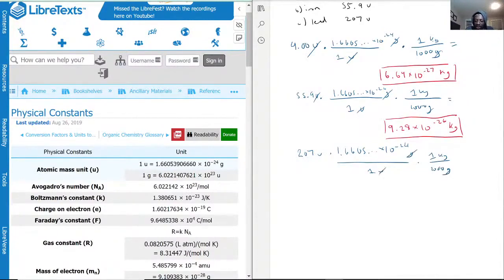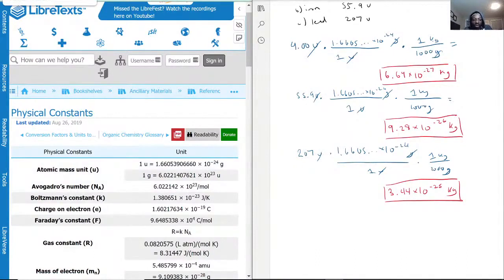The grams cancel, the atomic mass units cancel, and now we have a 207. For this answer we have 3.44, to round it properly, times 10 to the negative 25 kilograms. So as you can see, when they're weighed in just atomic mass units, it's a very small amount in terms of grams and kilograms.